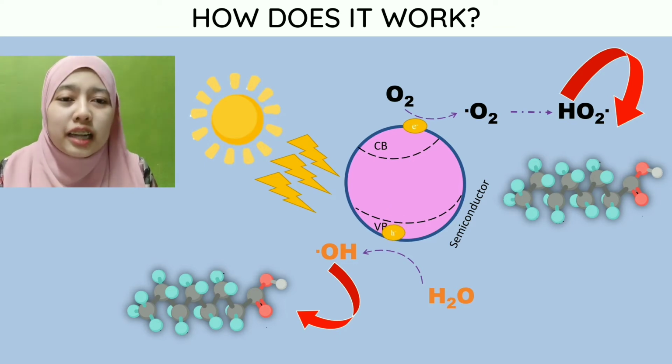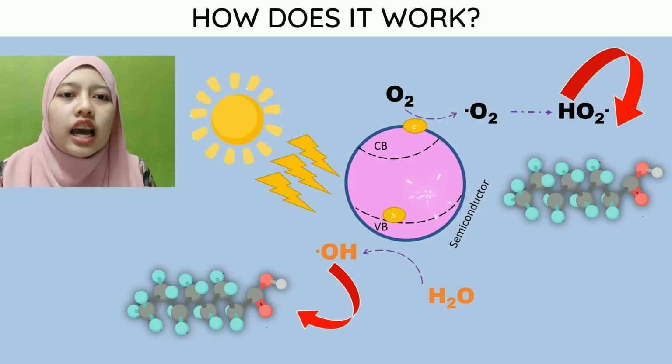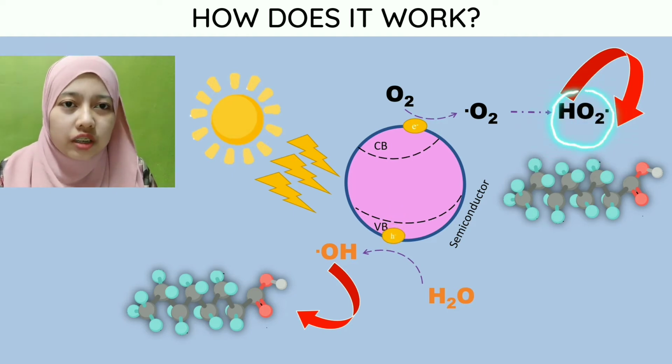The principle is that when light energy is irradiated on the surface of titanium dioxide, electrons are released. The released electrons bind with oxygen to become superoxide anions.